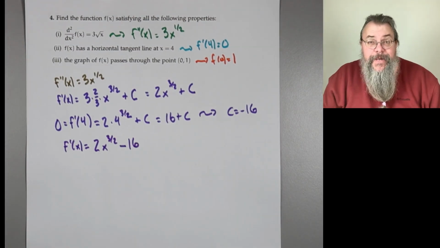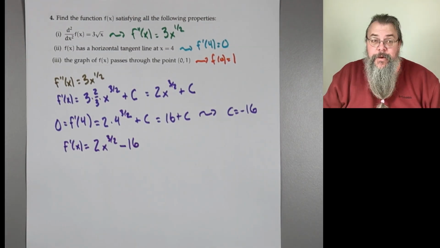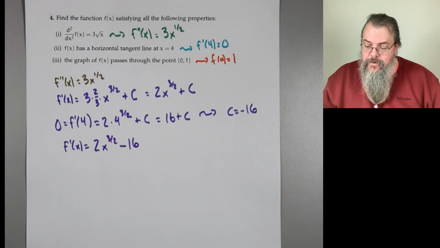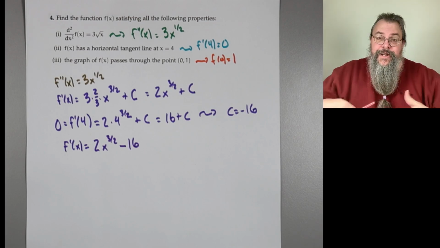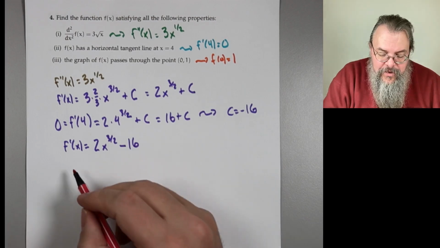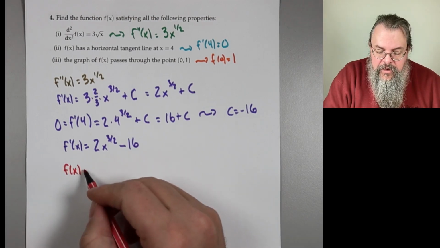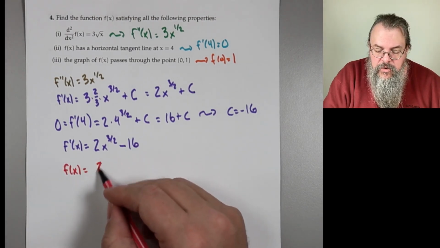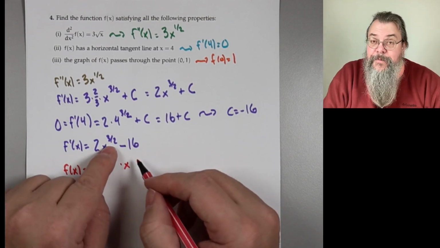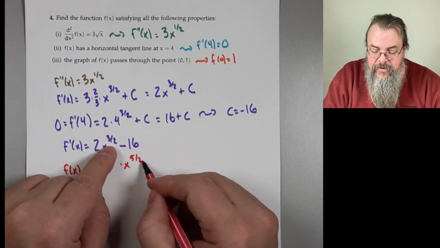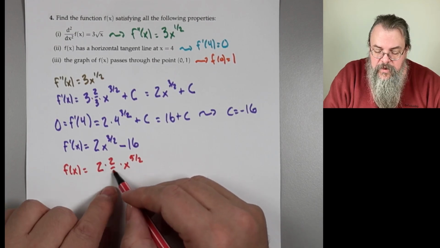All right, now that's f prime. We don't want f prime, we want f. So what are we going to do? We're going to do another step, right? So take another antiderivative. So f of x is going to be 2 times x to the 3/2 plus 1, 5/2, multiplied by 2/5.